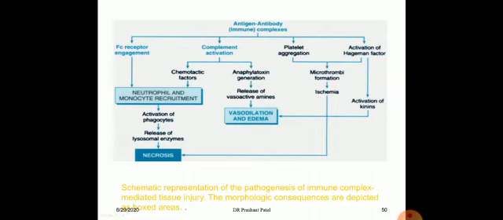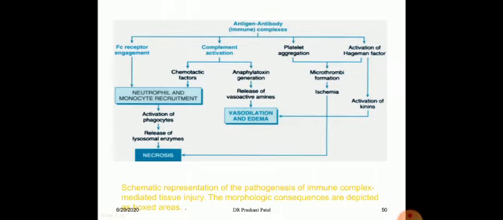Second is complement activation. It produces various chemotactic factors and also various anaphylatoxins, which induce vasodilation and edema. This complex also activates platelet aggregation and activation of the Hageman factor.